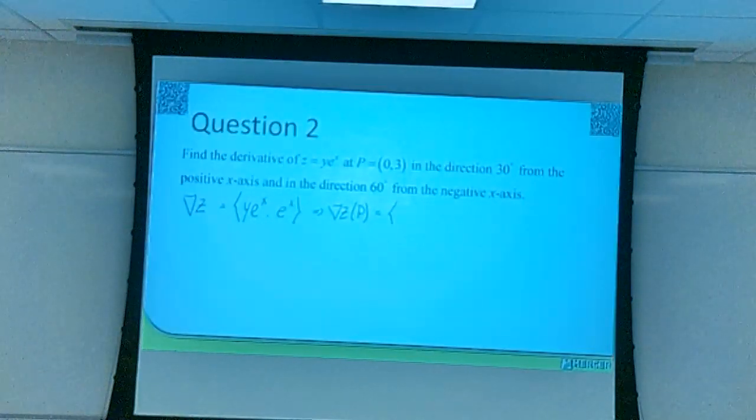Evaluate it at the point. (3, 1), right? 30 degrees from the positive, that would be u1. u2 is 60 from the negative.